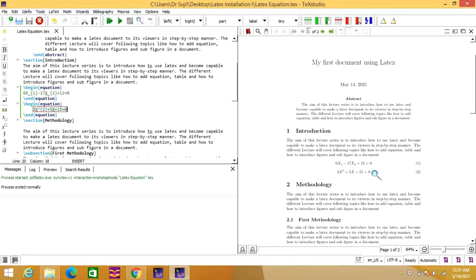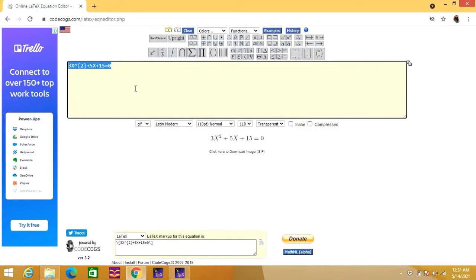Now let us try something higher, that means some complex equations we can try. Suppose we need to write an equation which is equal to minus b plus or minus root b square minus 4ac divided by 2a.